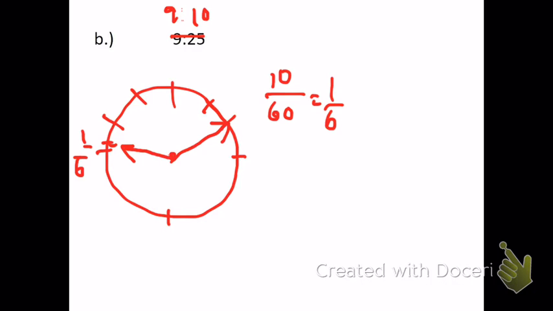Now, we've got whole sections of 5 minutes. How many whole sections do you go the short way around? Don't go around this way. Even though we're going backwards on the clock, we're going to go around this way, because we don't want a reflex angle, we want the shorter angle.